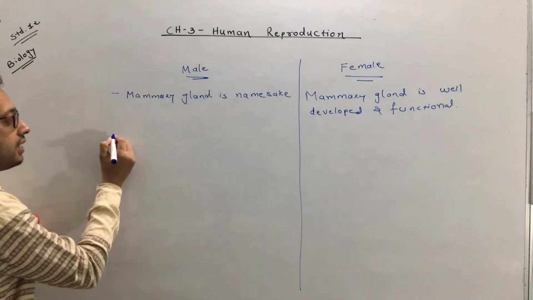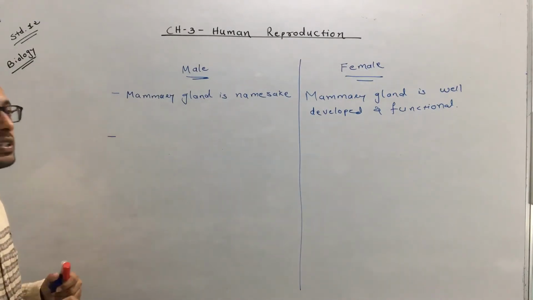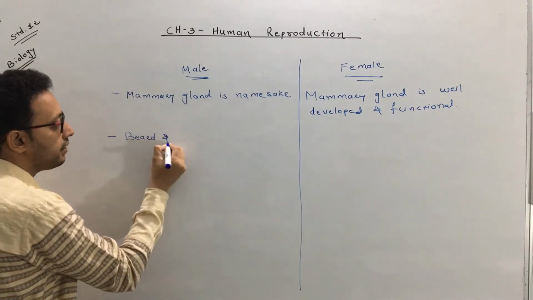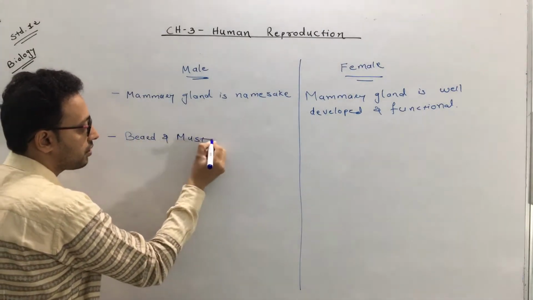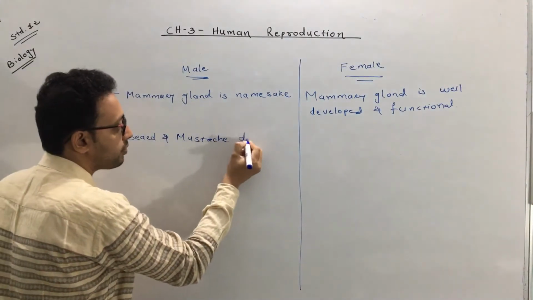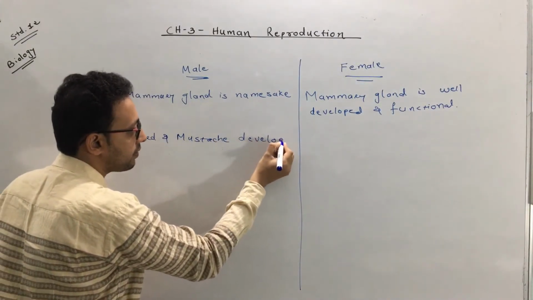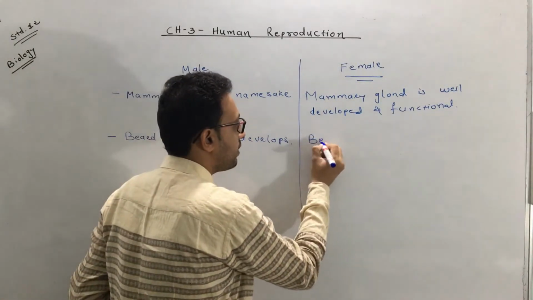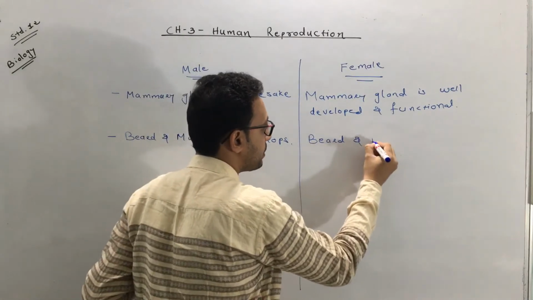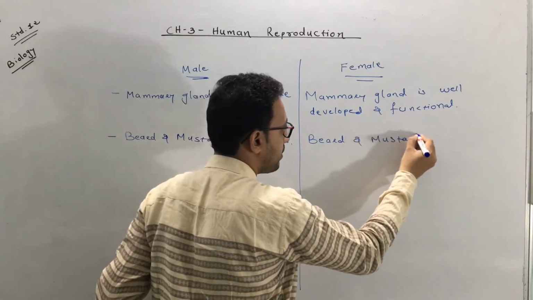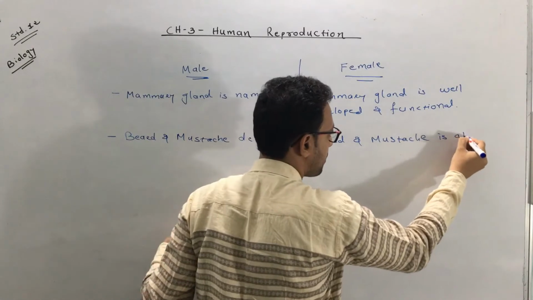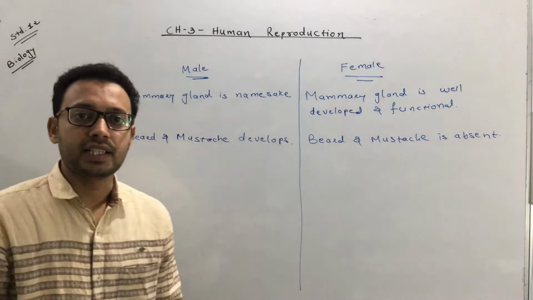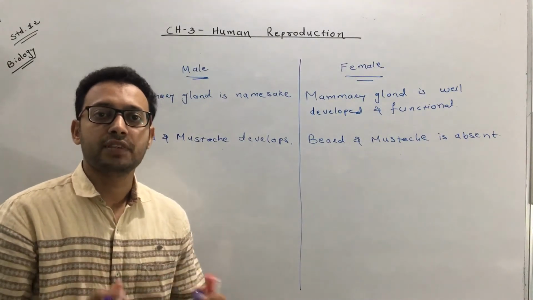Next, another difference from the external point of view is that beard and mustache develop in a male human being. But in a female, you cannot find the beard and mustache. So the beard and mustache are absent. Clear? In the male there is a presence of beard and mustache, and in the female an absence.